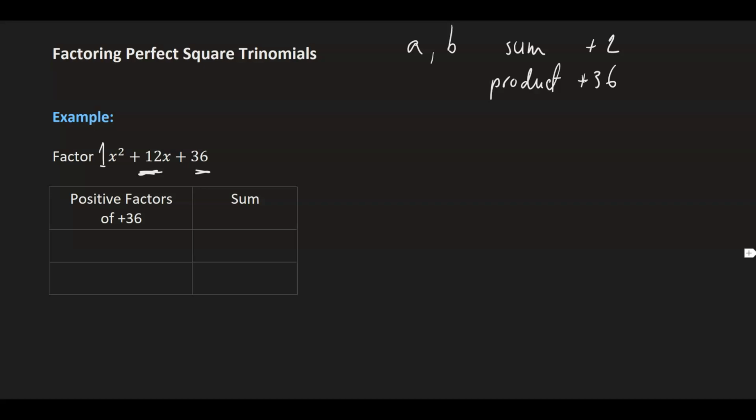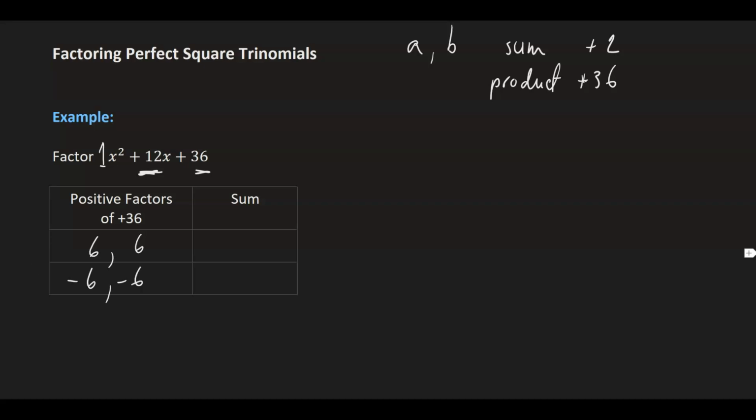Okay. So remember, it's best to start with the factors of the product. And I'm going to say that we have 6 and 6, or negative 6 and negative 6.